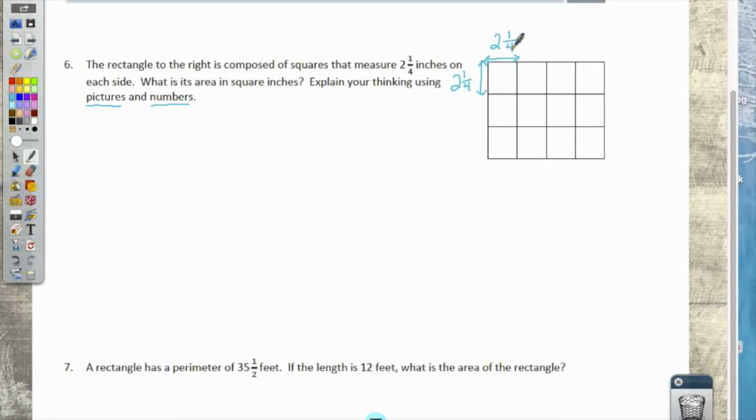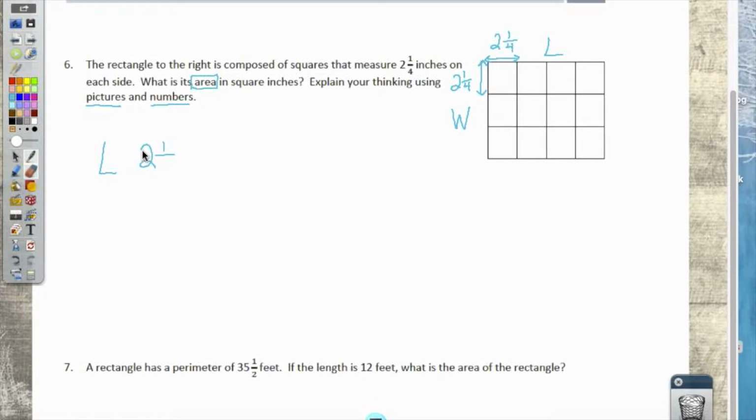Okay? Now, I'm going to think about area, right? Length times width. So we have the length here and the width to the side. Okay? Let's figure out what the length would be.